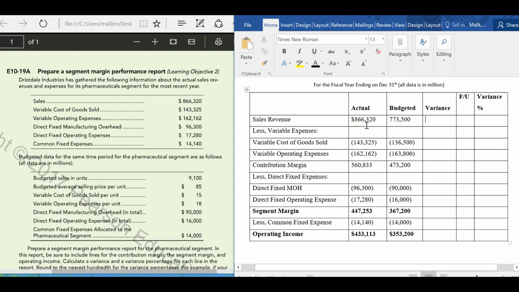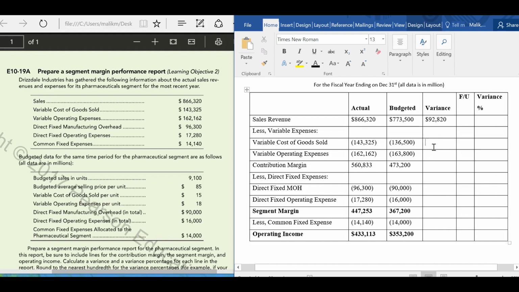For example, for the actual one, subtract this 866,320 minus 773,500. And I found the variance, which is 92,820. Later we'll figure out the favorable and unfavorable part, but first just take the difference. Ignore the sign totally, just write down the absolute values of those differences.